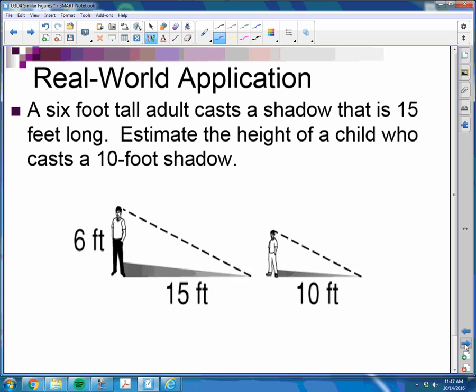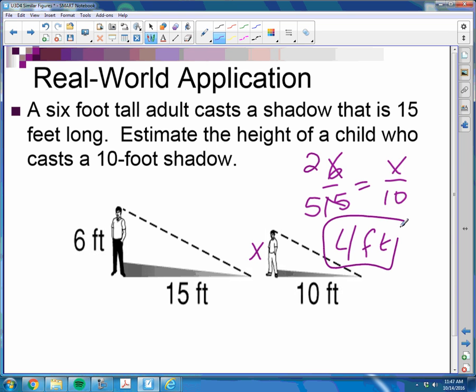Because this is a proportion. The height of that kid is my x. So I just go 6 over 15, set it equal to x over 10. Go through all my steps. You can go left or right, but I'm not going to. Divide by 3 is 2/5, times 2, times 2. Yes, he's 4 feet tall.